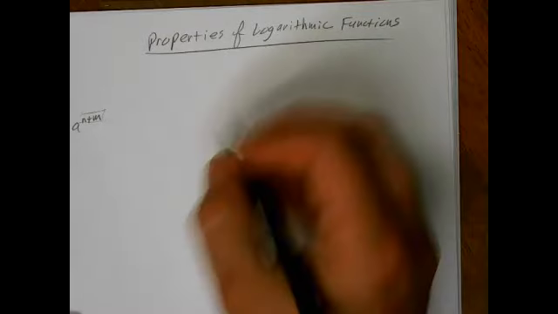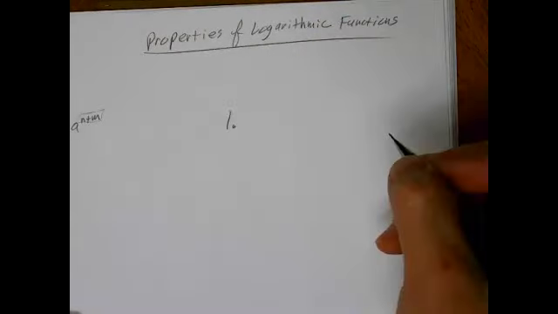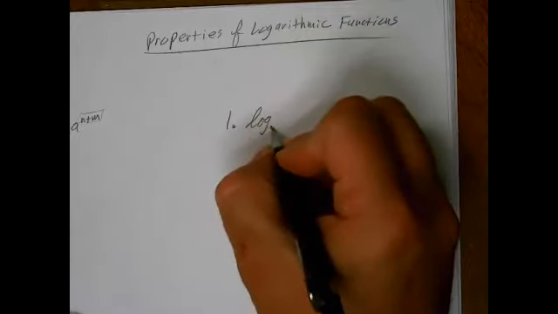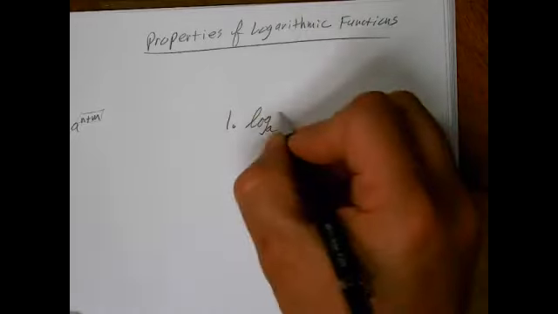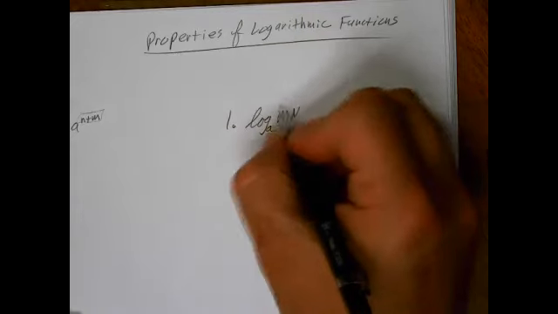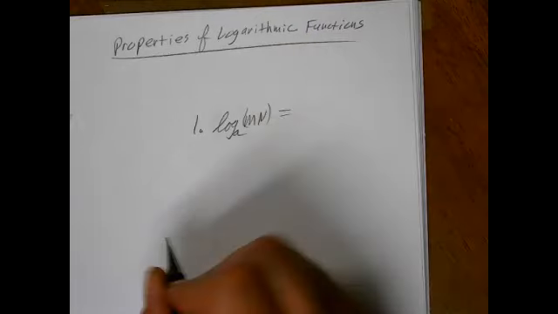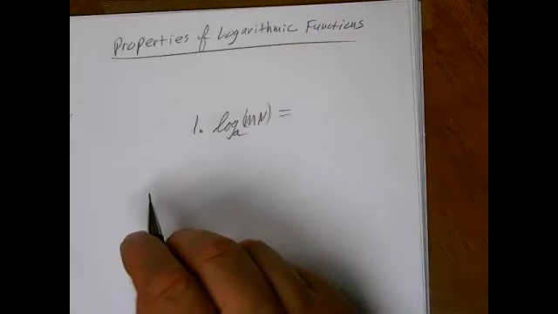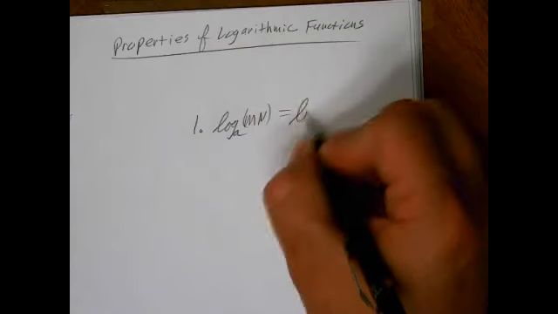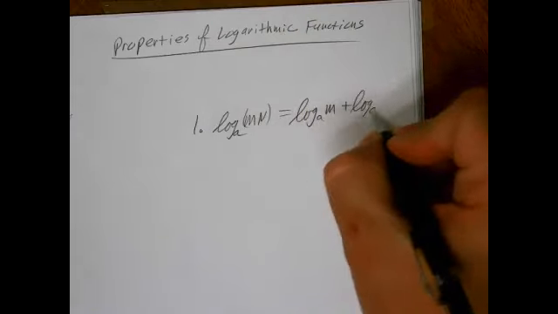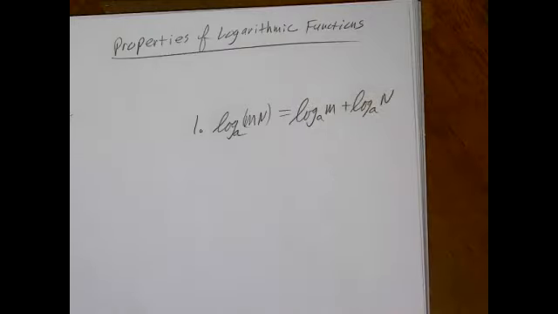So the first rule for logarithms is going to be log base a of m times n. If you're taking the log of a product, again, multiplication turns into addition. So this will be equal to log base a of m plus log base a of n.